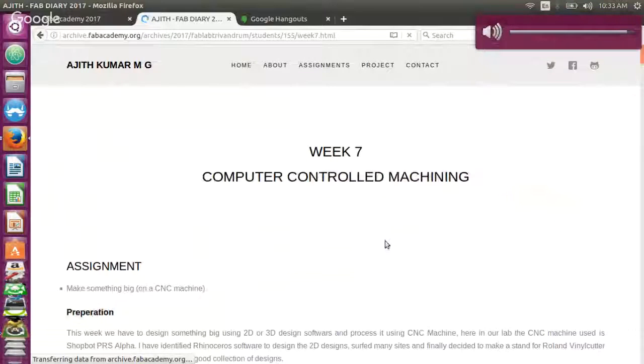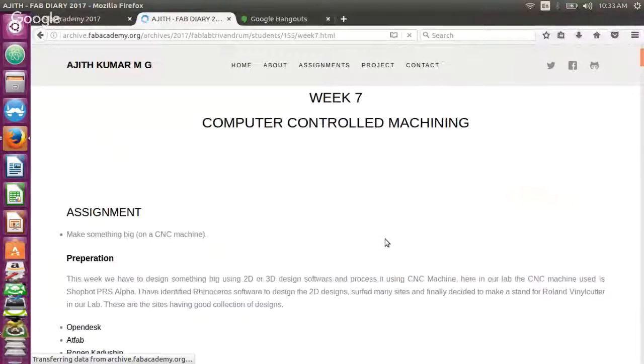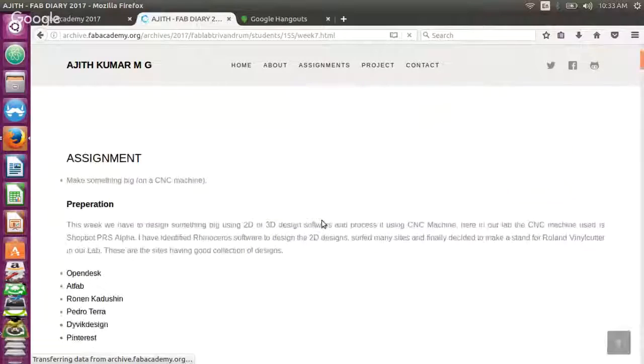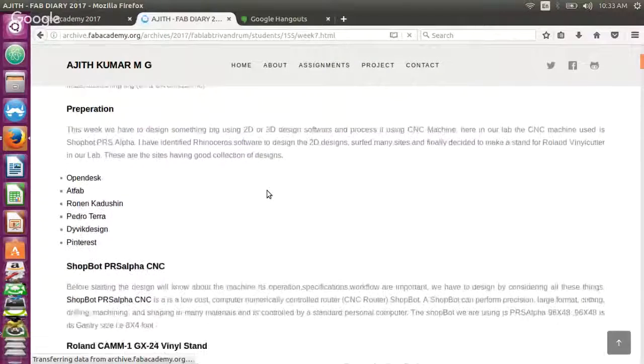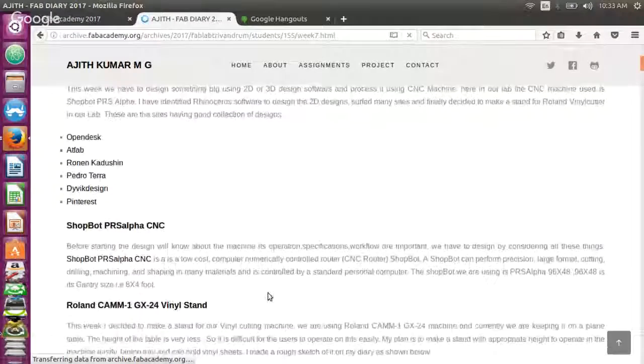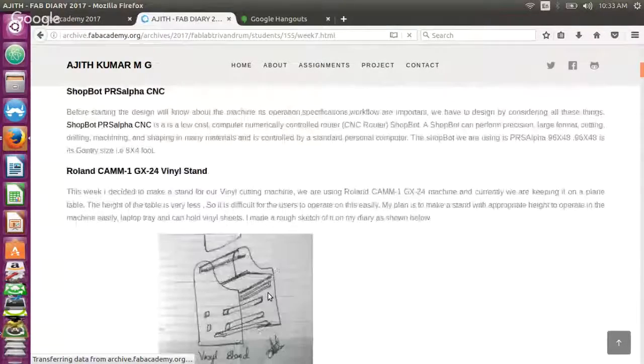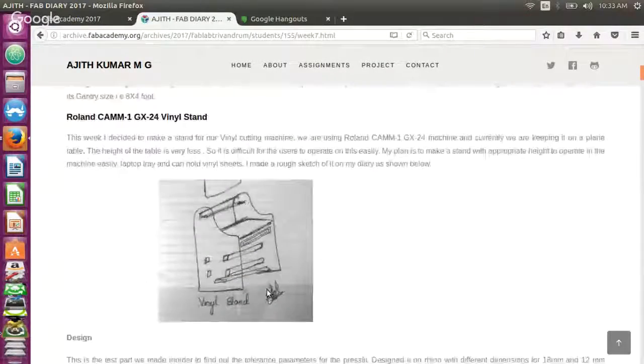So in this week, I decided to make a Roland vinyl cutting machine stand. I started designing in Rhino. My plan was just to make a stand to hold the vinyl machine.